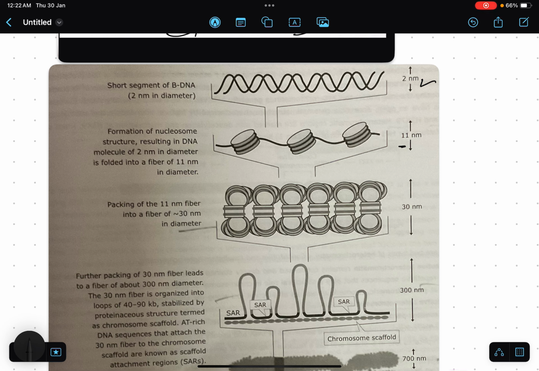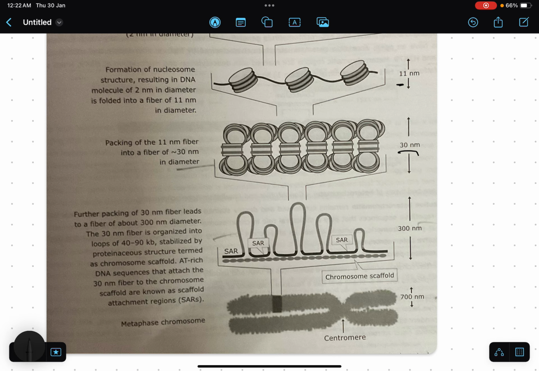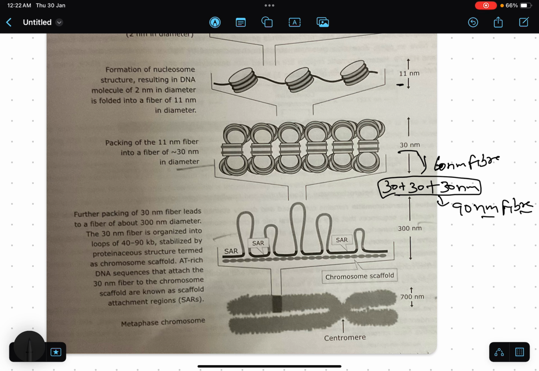Then these histones produce a pillar like structure and are packed, producing a 30 nanometer fiber like this, and these 30 nanometer fibers are further converted into 60 nanometer fiber by joining 30 nanometer plus 30 nanometer, then one more 30 nanometer fiber, that is the 90 nanometer fiber, and this 90 nanometer fiber is further condensed, producing a 300 nanometer fiber, and it has a special protein known as SAR, and these are some proteins which produce a scaffold.